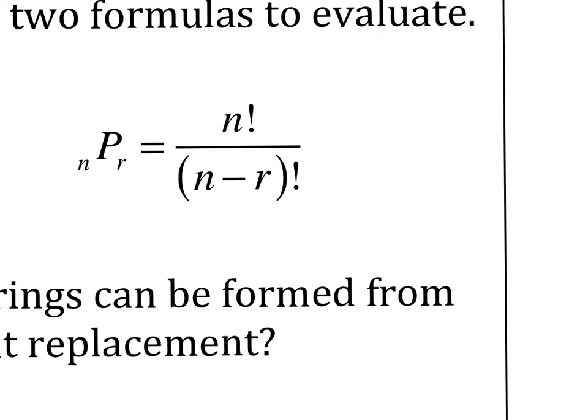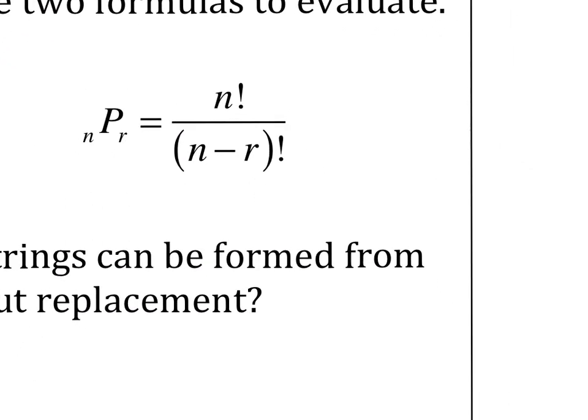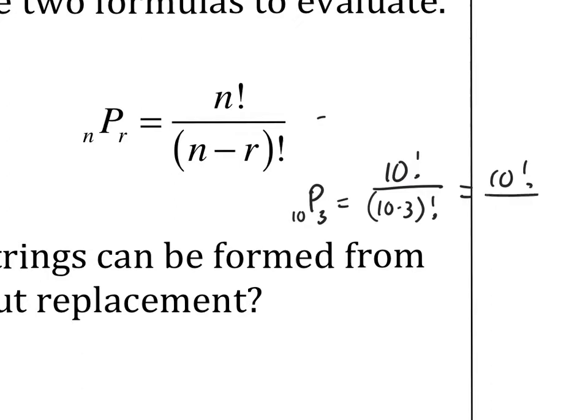Here is the formal definition of permutation. And it simply says this. Whatever your n is, that's your factorial, but we divide it by n minus r factorial. So in the case of where I had 10P3, we write this: 10 factorial divided by 10 minus 3 factorial, which simplifies to 10 factorial over 7 factorial.